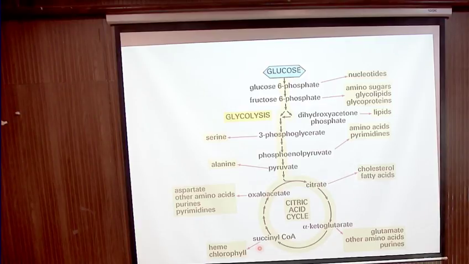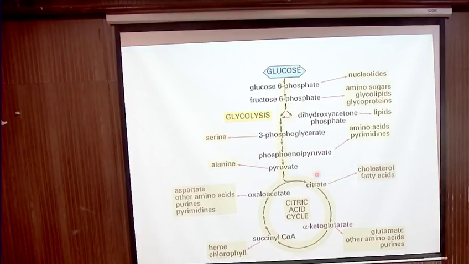So this is what we have come to do in the last 3-4 hours, where we spoke about glucose breaking down in glycolysis, the intermediates of this were either used up in the formation of nucleotides. You could have a number of amino acids being formed, lipid mechanisms. You had a few important amino acids.